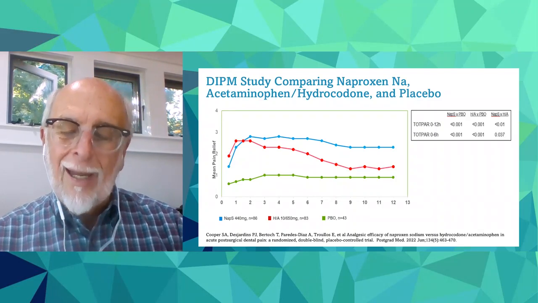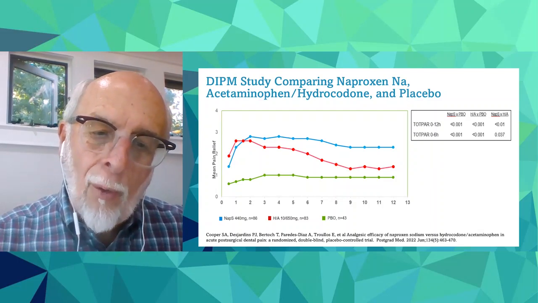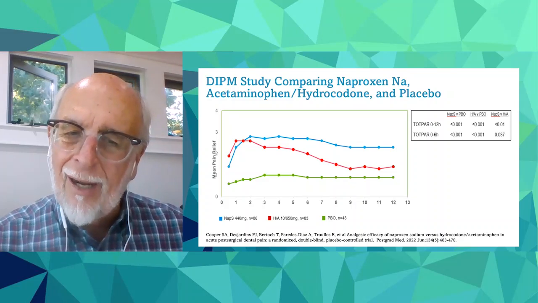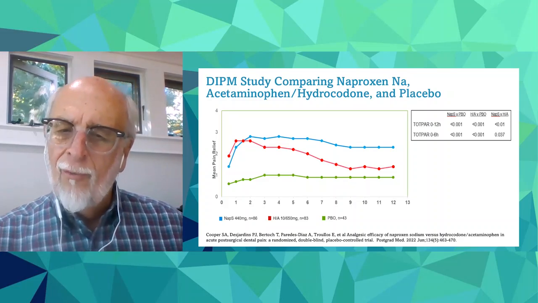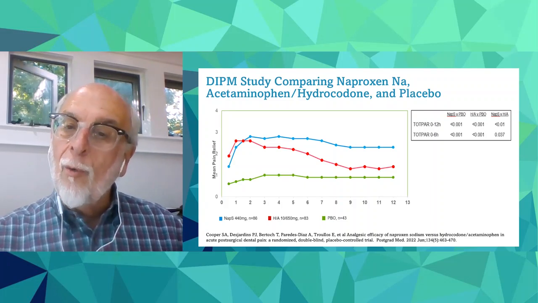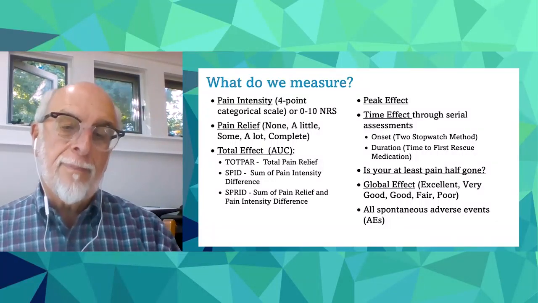Naproxen, which is a long-acting non-steroidal drug, gets started a little bit slower than the hydrocodone acetaminophen, but it persists at a fairly high level of analgesia for all 12 hours. And a proportion of these patients never needed to go back and take another rescue medication for 24 hours.